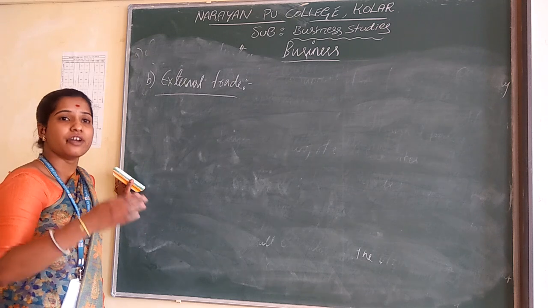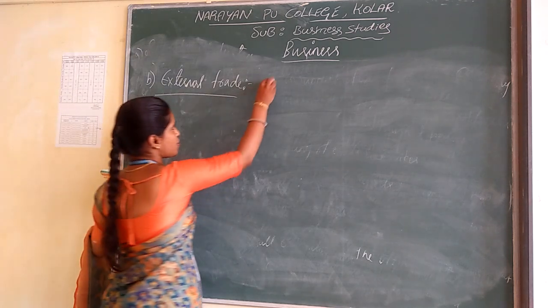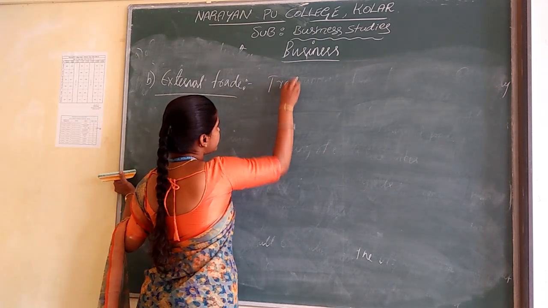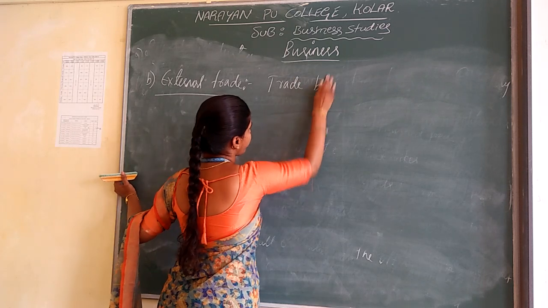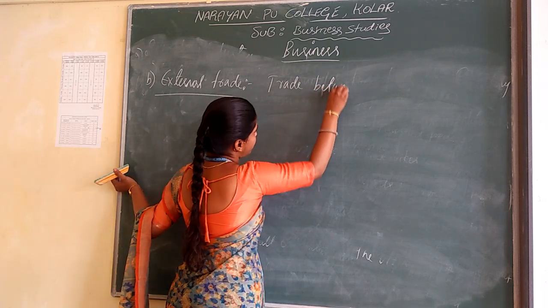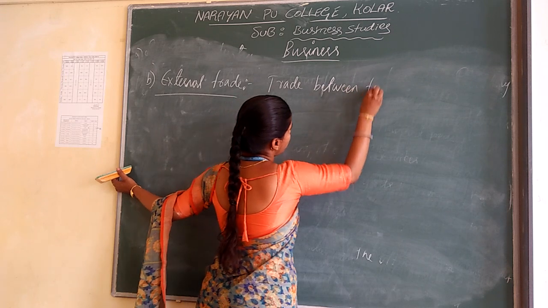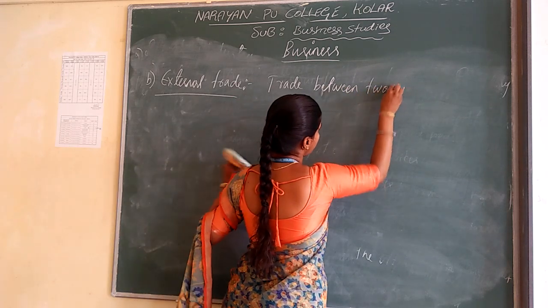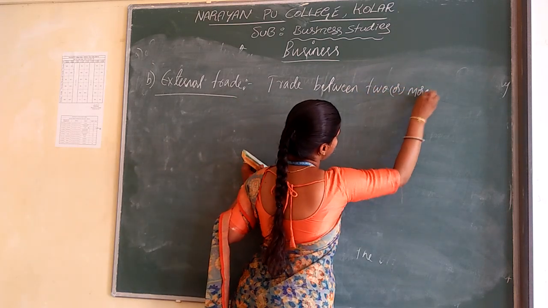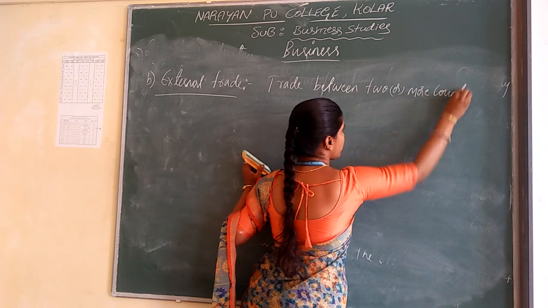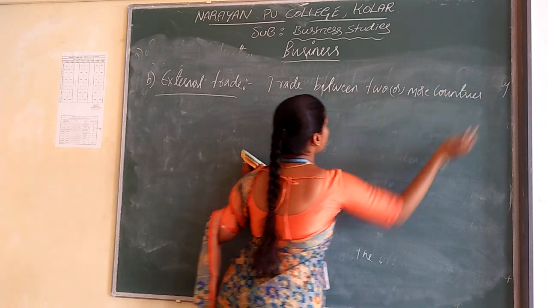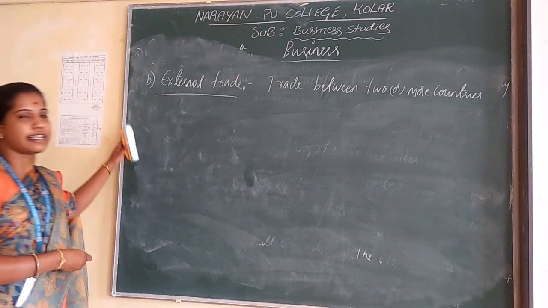A trade between two or more countries. So external trade means trade between two or more countries.